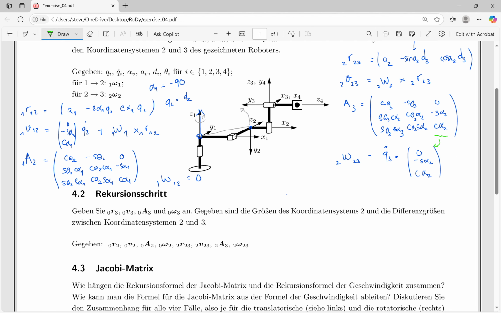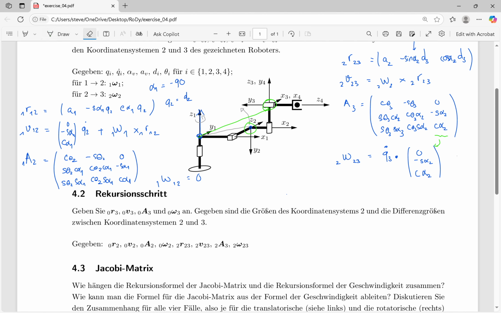Well, because 2 is here, 3 is here, and when the z1 rotates, 2 and 3 rotate with it at pretty much the same angular velocity, provided that this thing doesn't change too much.